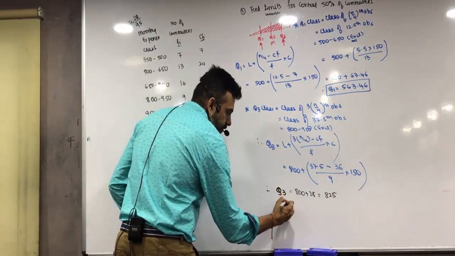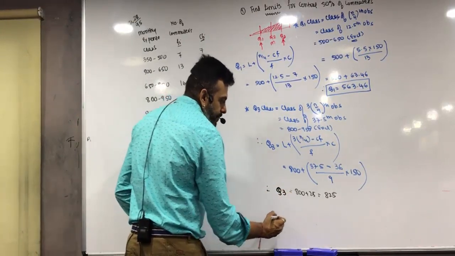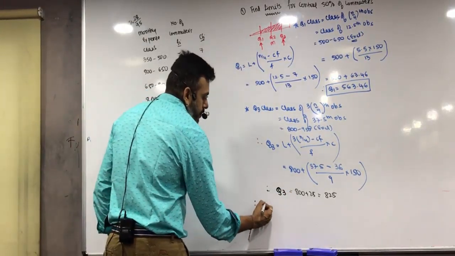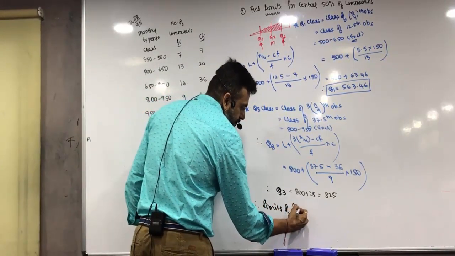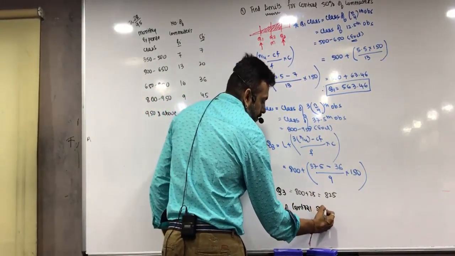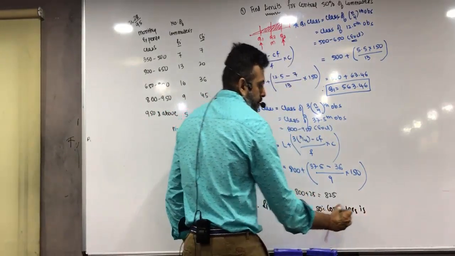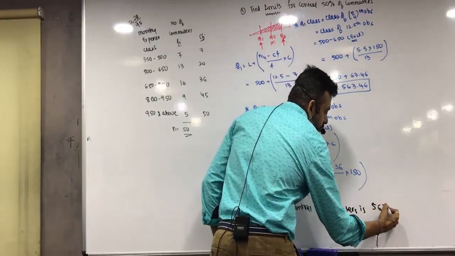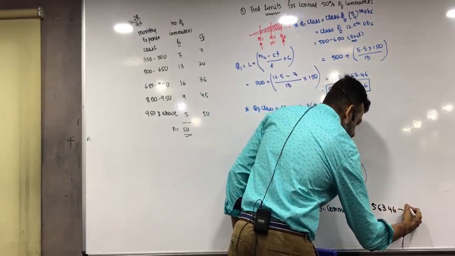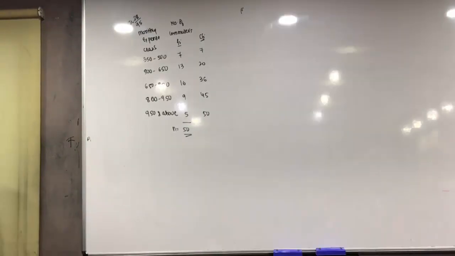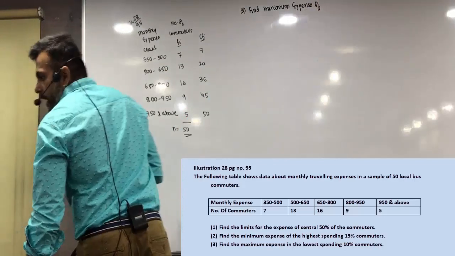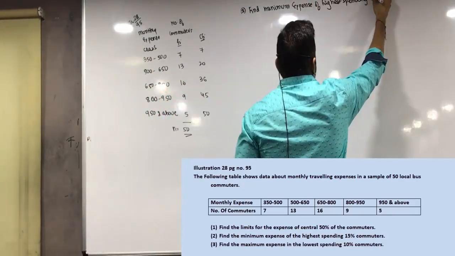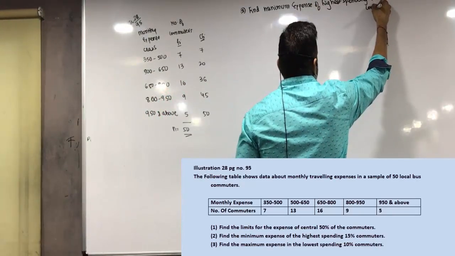Therefore, Q3 is equal to 825. Therefore, the limits of the central 50% commuters are 563.46 to 825.